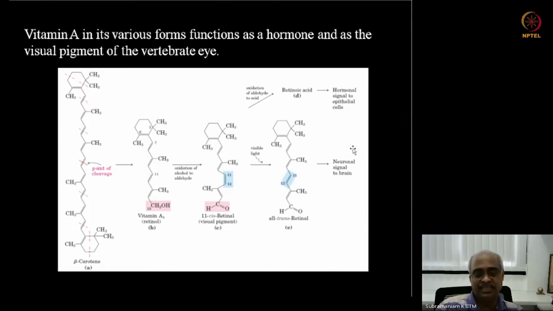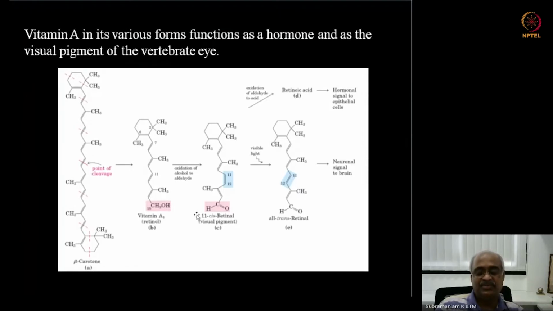This generates a signal, and that through the optic nerve goes to the brain, to the visual center, and the brain constructs the image. So the light is sensed by our eye. When the lens focuses on the retina, so I'm just momentarily forgetting the name, it converts this retinal cis to trans.